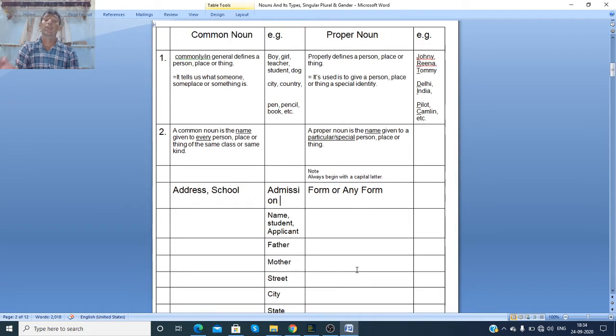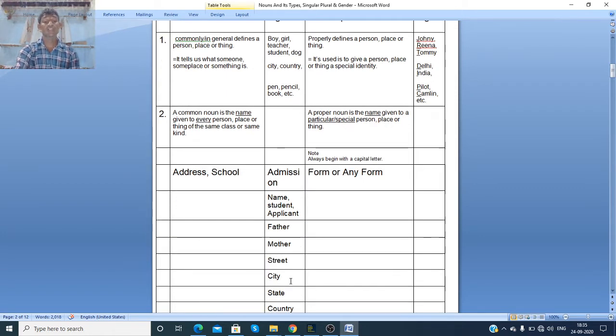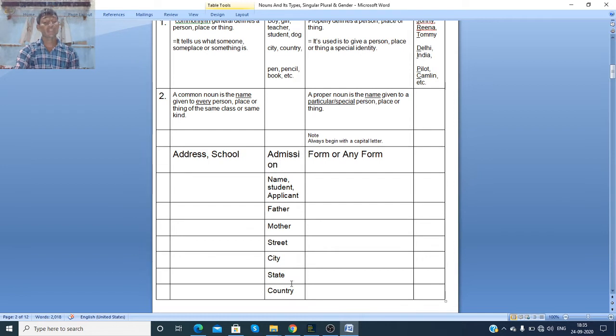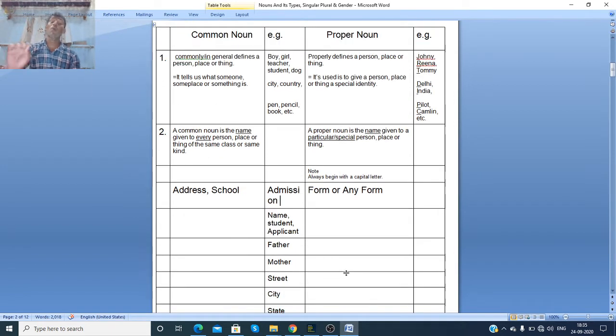Even if trillions of letters have been printed till now, we will find this information on every letter, like name, student, applicant, father, mother, street, city, state, and country. Because this is not about a particular person or place. This is for every person and place.